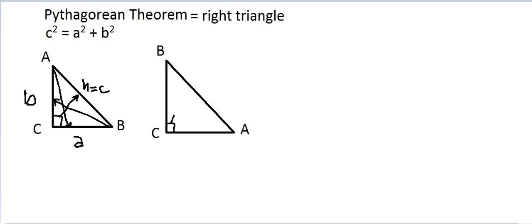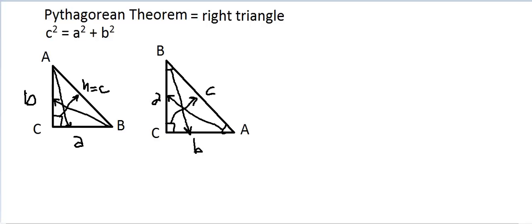Again, that is the opposite side of angle C. So that is side C. What about angle A? What is the opposite side of angle A? So we'll name that side A. And if this is angle B, the opposite side of this angle is side B.